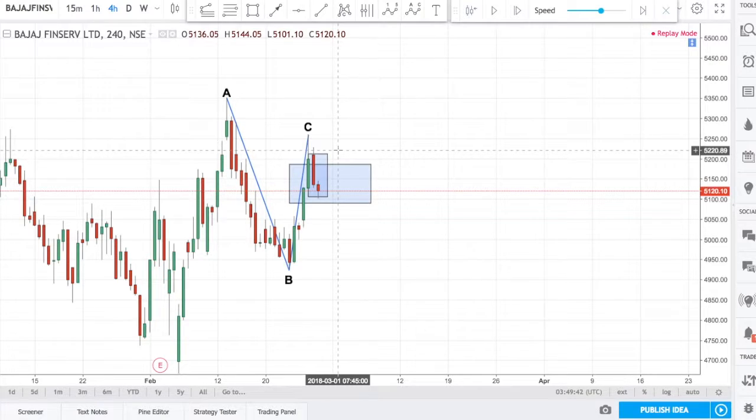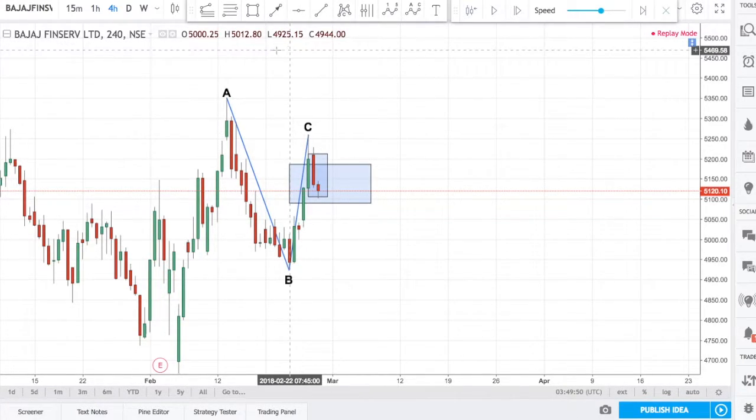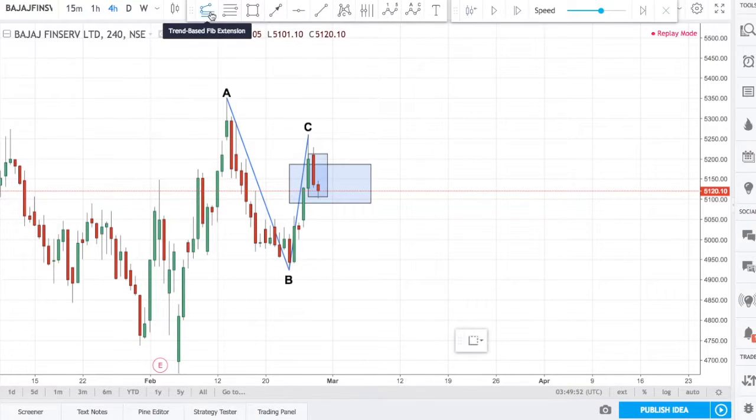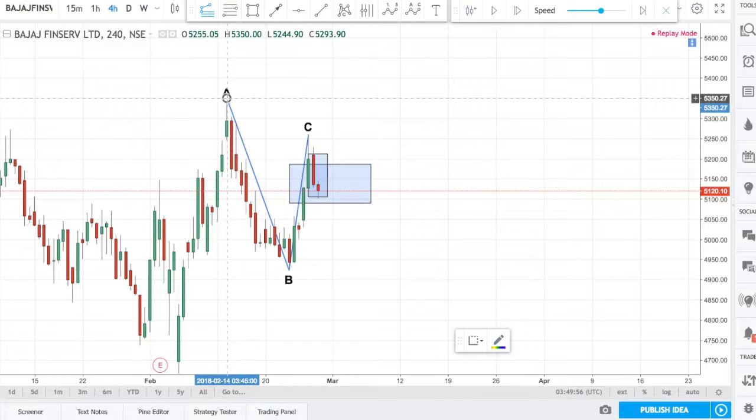Next, pick the Fibonacci extension tool and mark our reversal zone.